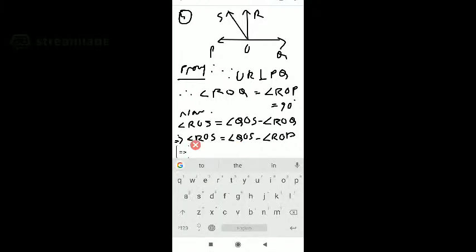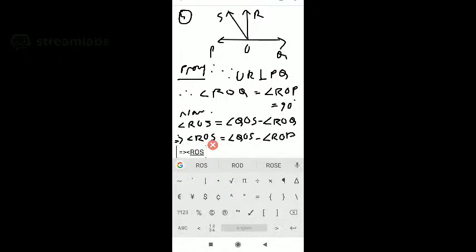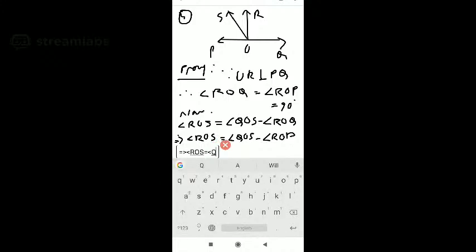Implies angle ROS equals angle QOS minus angle ROP.